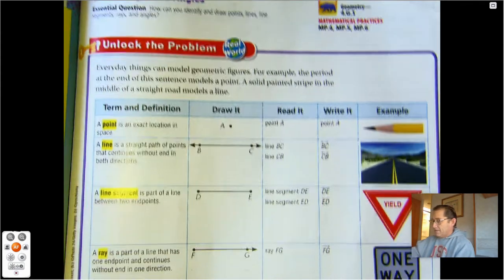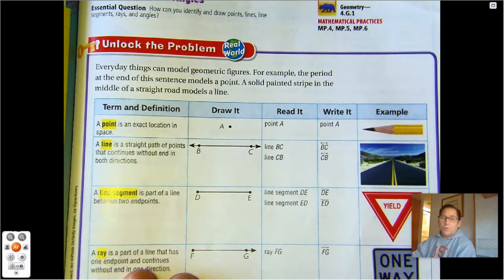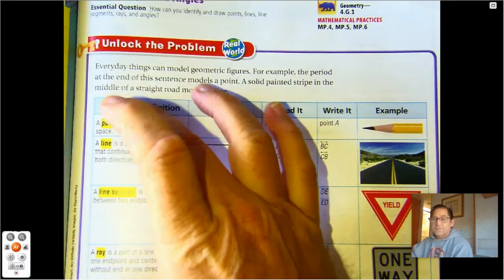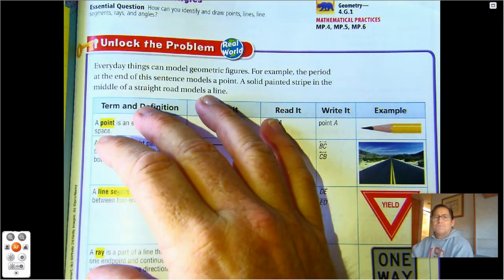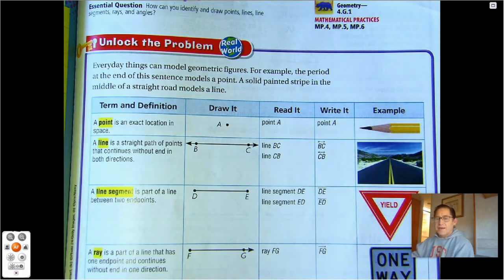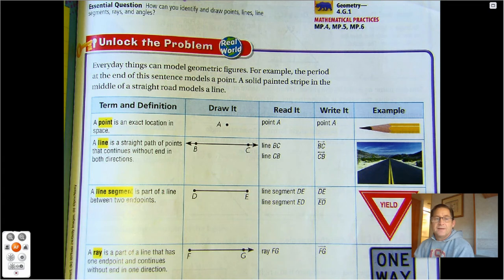Today, on this page, we're talking about 4 new terms. These are terms that you need to be comfortable with and be able to use at all times as you're looking at the different geometric shapes and angles. So, unlock the problem.